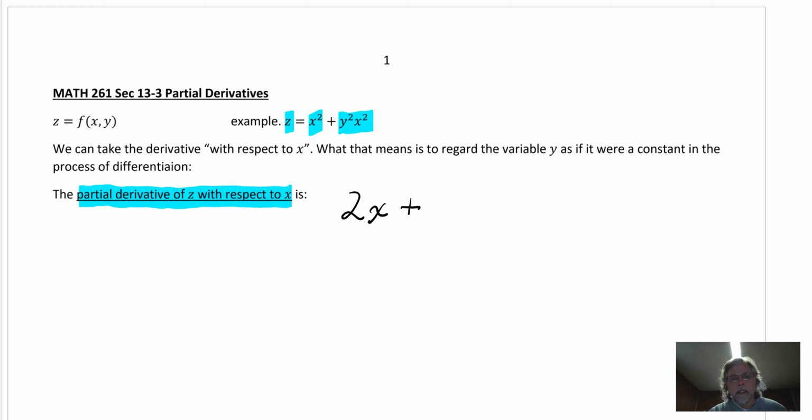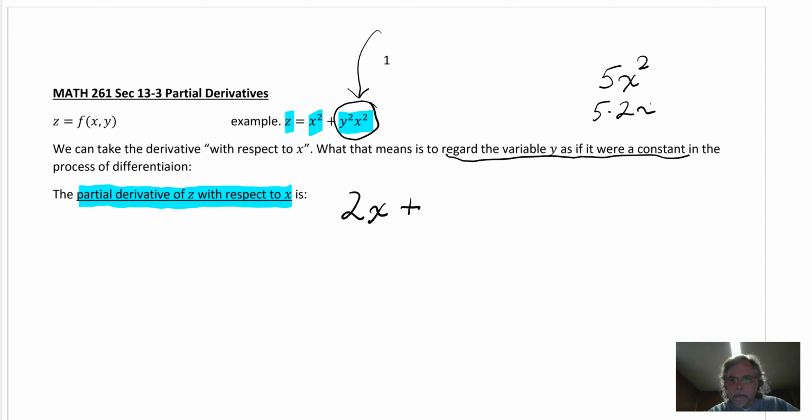Plus, now in the next term, we're going to be careful. It's not particularly difficult, this term, but it's unusual and takes a little getting used to. So we have to regard the variable y as if it were a constant. If we didn't have y squared x squared, like if we had 5x squared, we would know what to do to take the derivative without too much trouble. 5 is a constant. Now, that's exactly how we have to treat y squared.